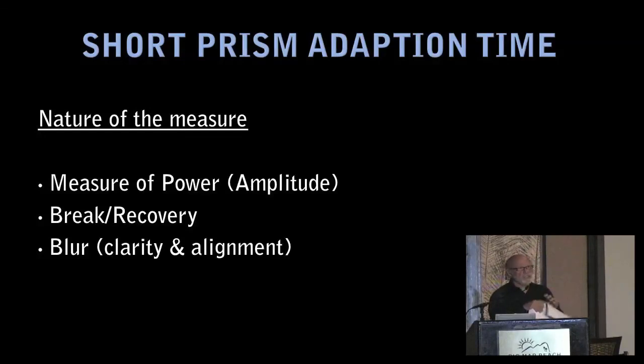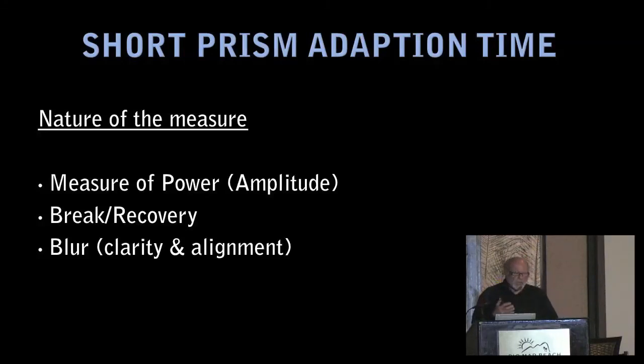Now, a short prism adaptation time is the nature of the measure. It is the essence of the point. You see, fixation vergence, disparity vergence is very rapid, within a second.